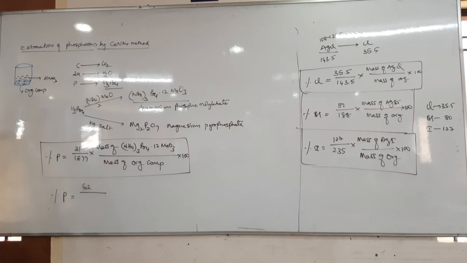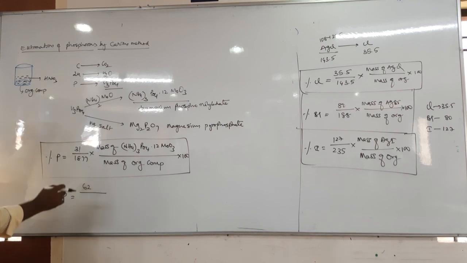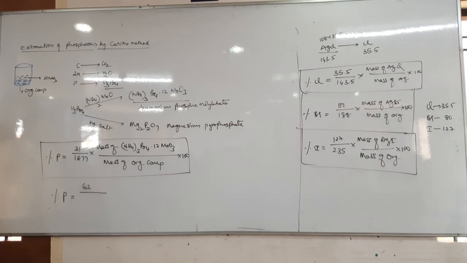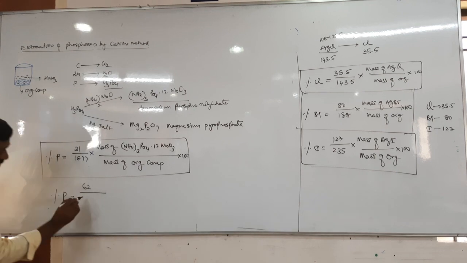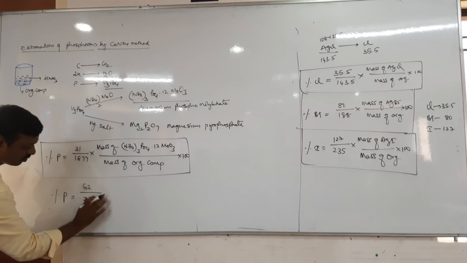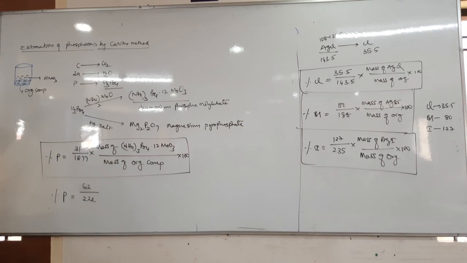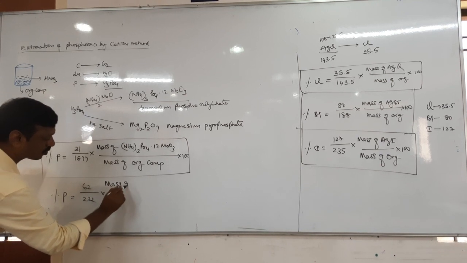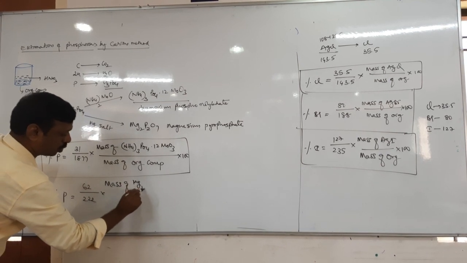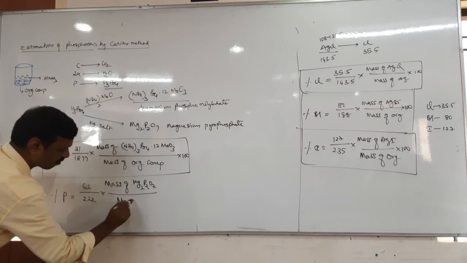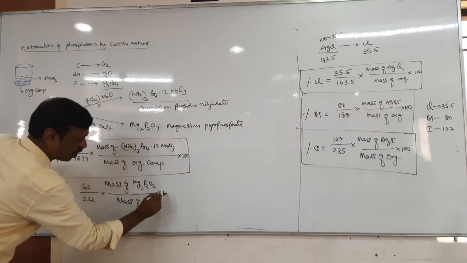Okay, divided by the molecular mass, 222, into mass of Mg2P2O7 divided by mass of organic compound into 100.